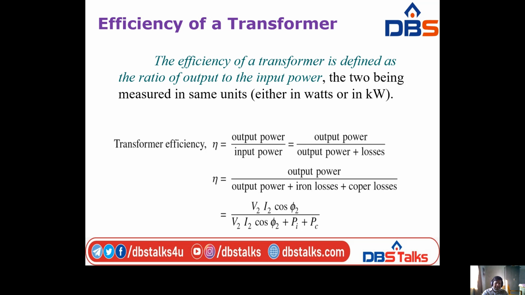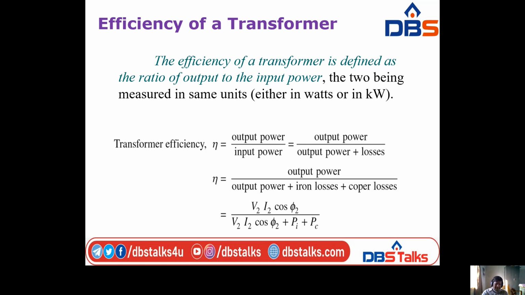So transformer efficiency eta equals output power by input power, that is equal to output power by output power plus losses. That means input is equal to output power plus losses. And it is also expressed as output power by output power plus iron losses plus copper losses. Suppose the efficiency is calculated referred to the secondary.